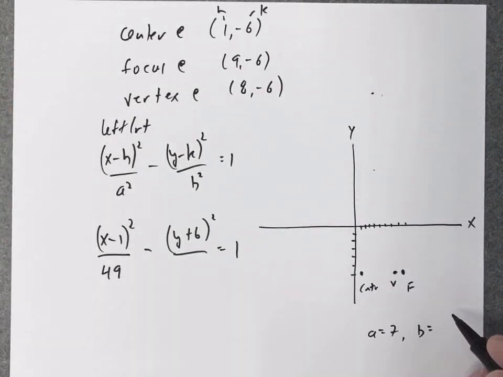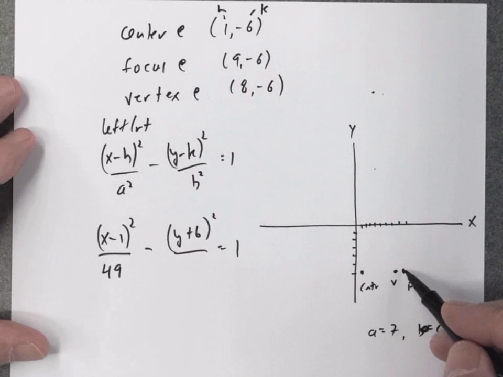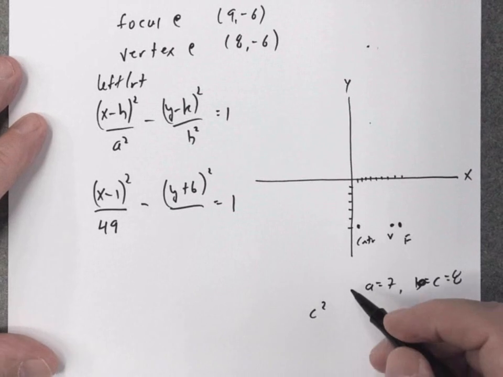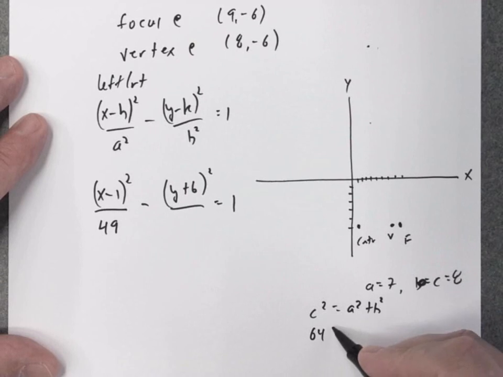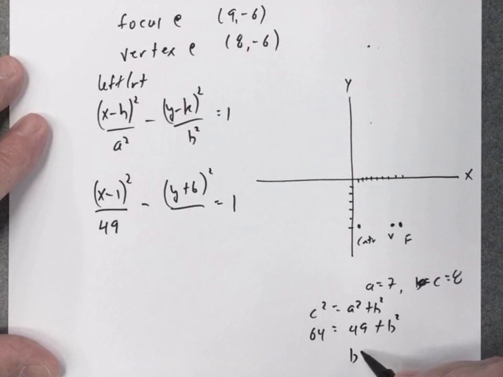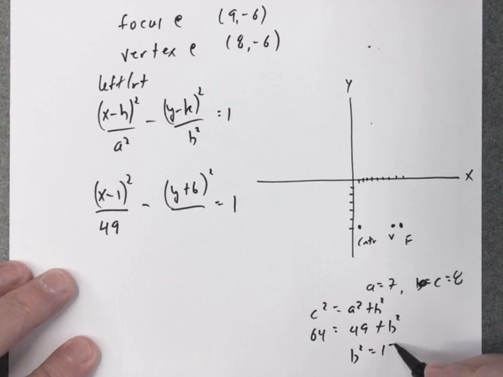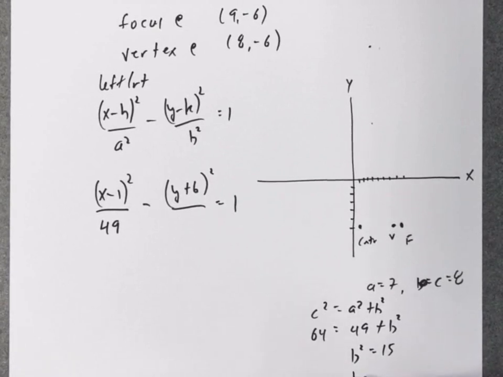B, well, we don't know b yet. Sorry, let's do c. Going from the center to the focus is going to be 8. So now we have c squared equals a squared plus b squared. 64 equals 49 plus b squared, so subtract 49 from both sides. b squared equals 15, or b is the square root of 15.